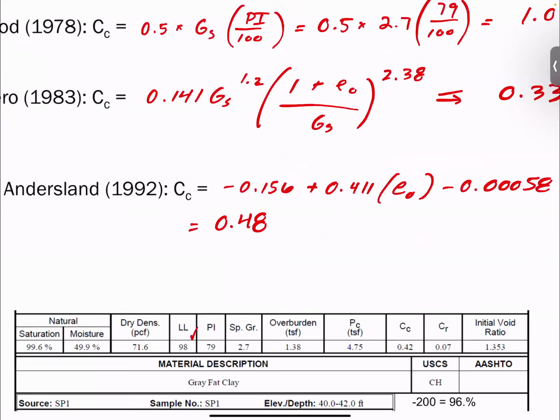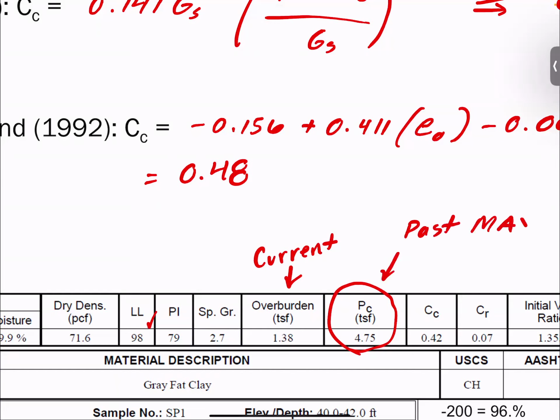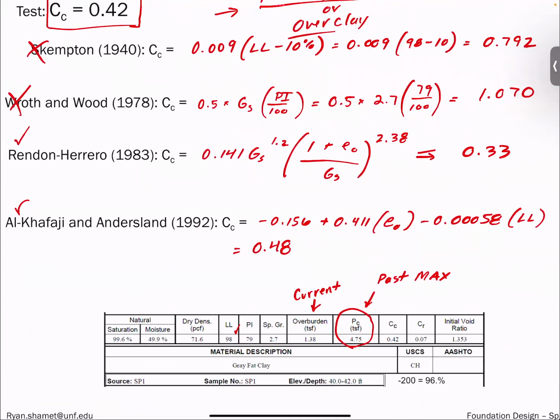And so let's look down here and see. Remember, over consolidated means the current stress that the clay is exposed to is less than what it once was exposed to. And what it once was exposed to is the pre-consolidation pressure here. So this is the current. And this is the past max. So is this clay over consolidated or normally consolidated?